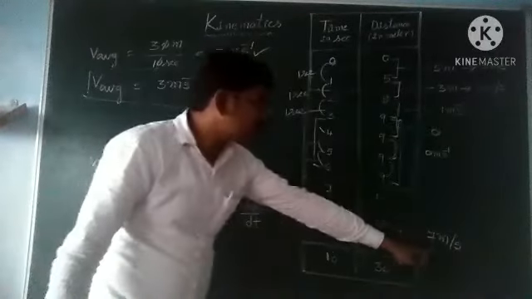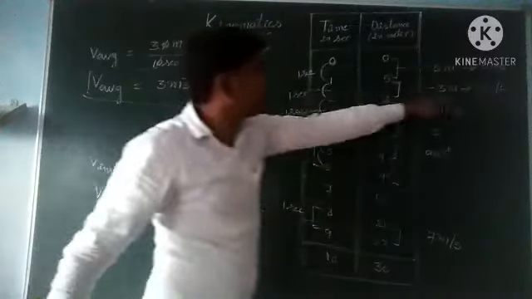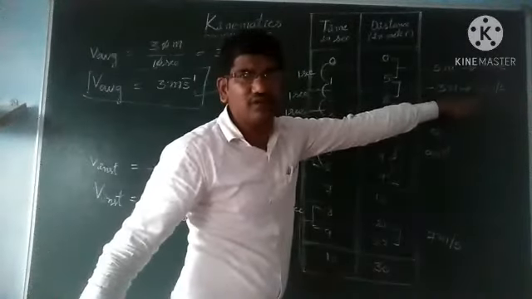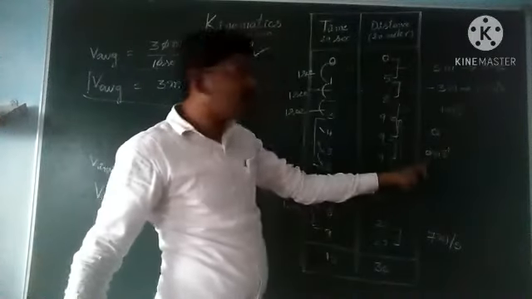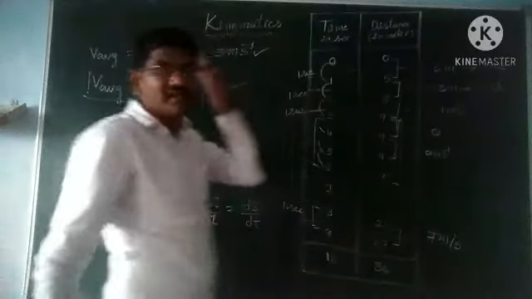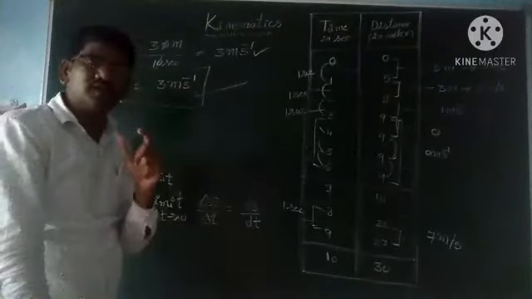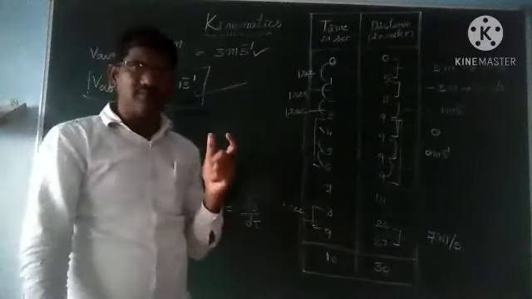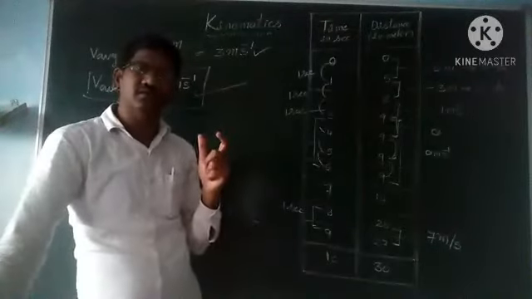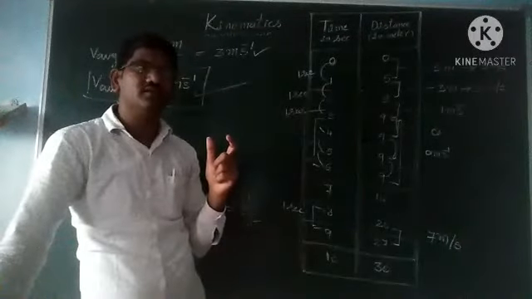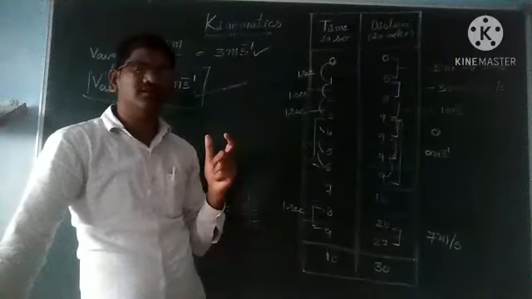And the instantaneous speed at this instant is greater than the average speed, and the instantaneous speed at this instant is equal to the average speed, and here instantaneous speed is 0 but average speed is not equal to 0. Sometimes the object may be at rest.